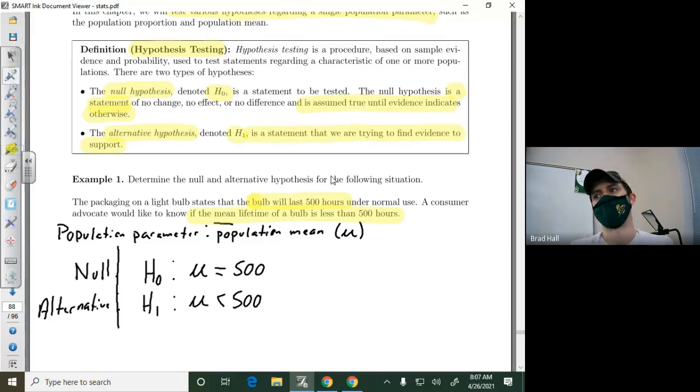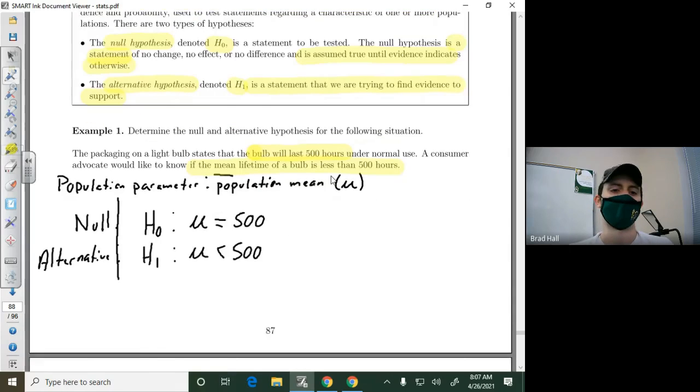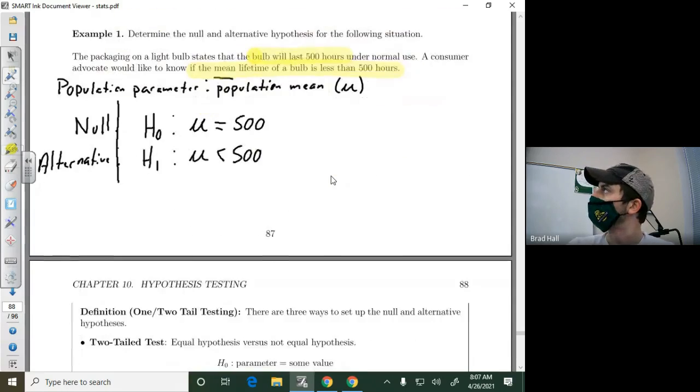And so that's really all we do here. That is the null and the alternative hypothesis, just establishing some of the terminology. There's nothing really more to do for this problem. Does anyone have any questions before we move on?